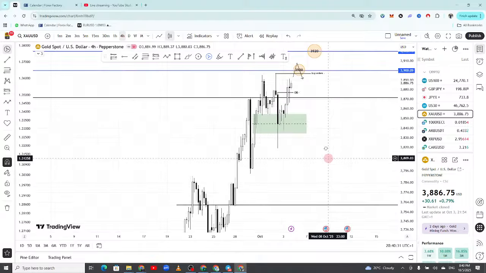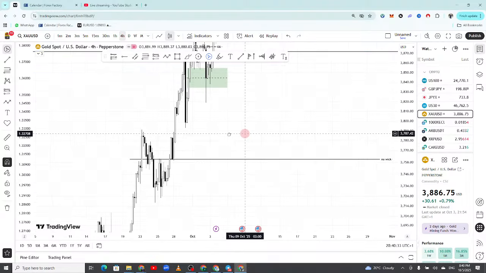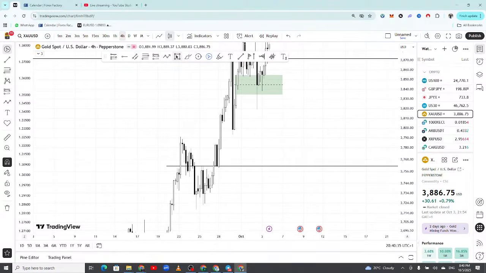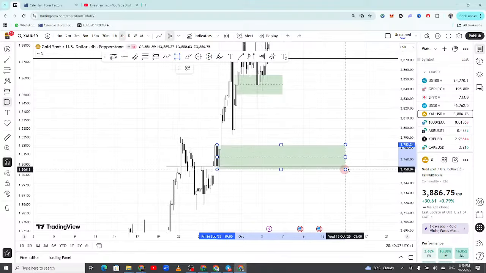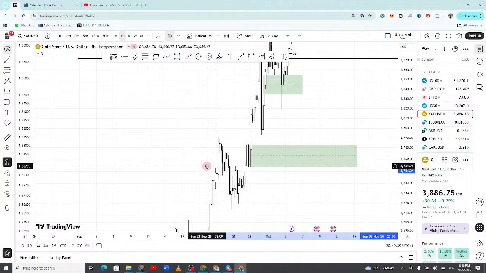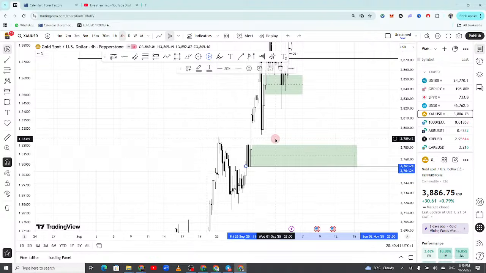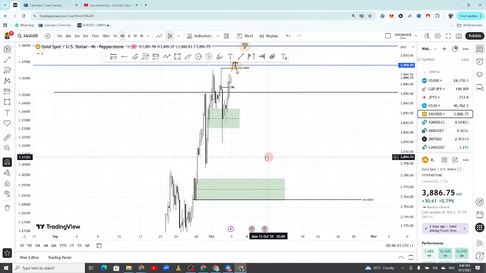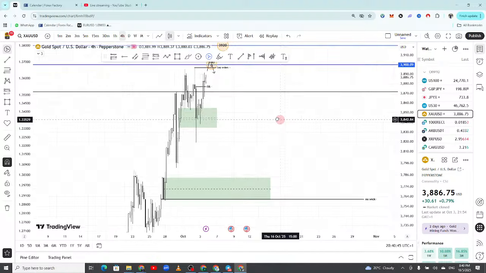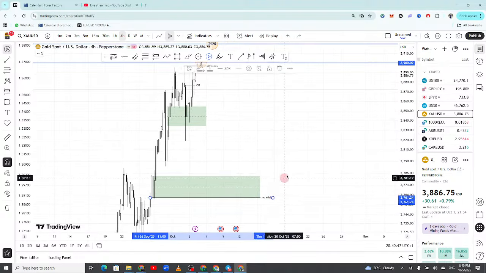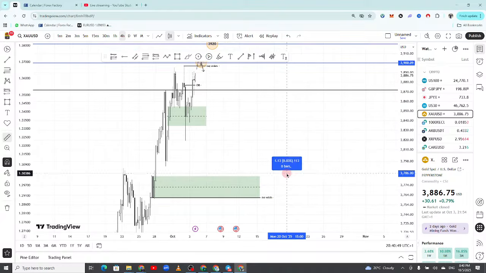Now, I don't see any spot to buy gold now except if price moves back down to this zone, where we have that weekly no wick candle. Like I mentioned, it's going to be a draw for us. All right.